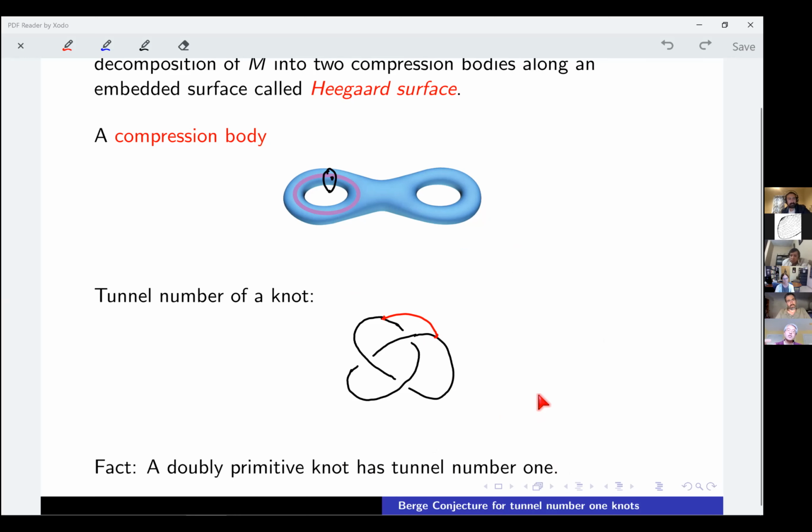Now, if you push this curve into either of the two handlebodies, you can make this handlebody a compression body. If you drill out this knot to give a compression body, you can push on either side, and that gives you a Heegaard genus 2 splitting of the knot exterior.